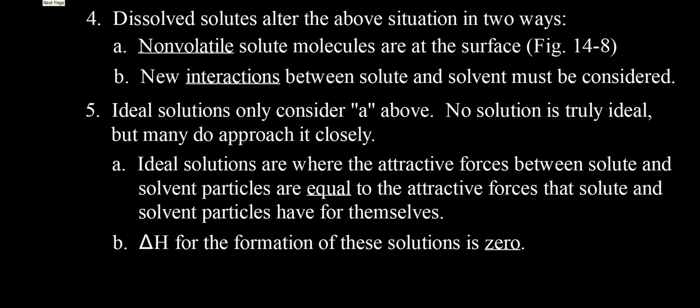Now, when you have a solute dissolved in a solution, a couple things happen. So first of all, letter A says a non-volatile solute particles will be at the surface. So the proportion of solvent particles on the surface will be decreased. So not only will there be solvent particles on the surface, there will also be solute particles on the surface.